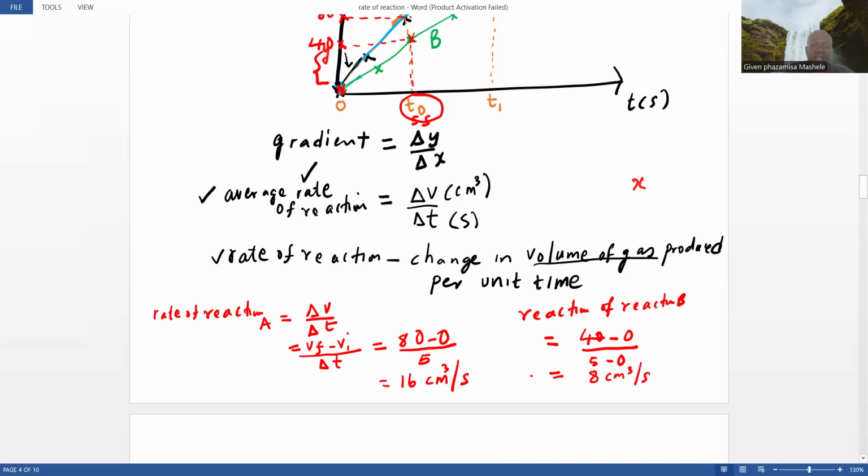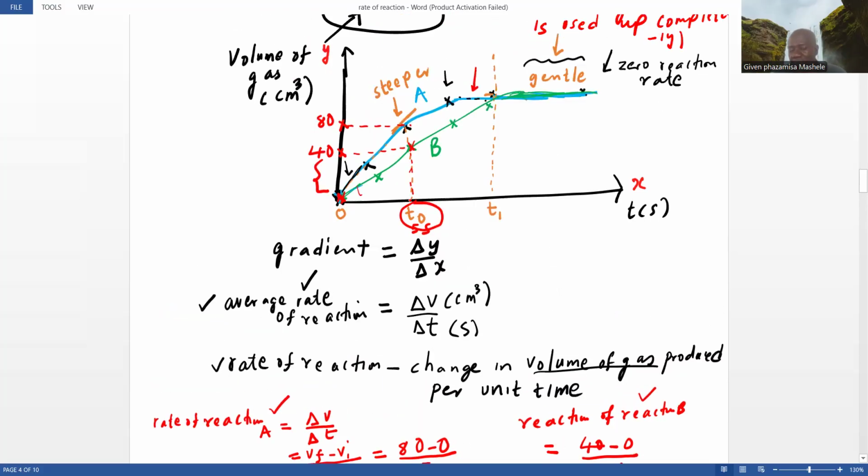So which one, in terms of the gradient, is higher than the other? Obviously, A has a higher gradient than B. You see that in terms of this reaction, A reacted faster than B.